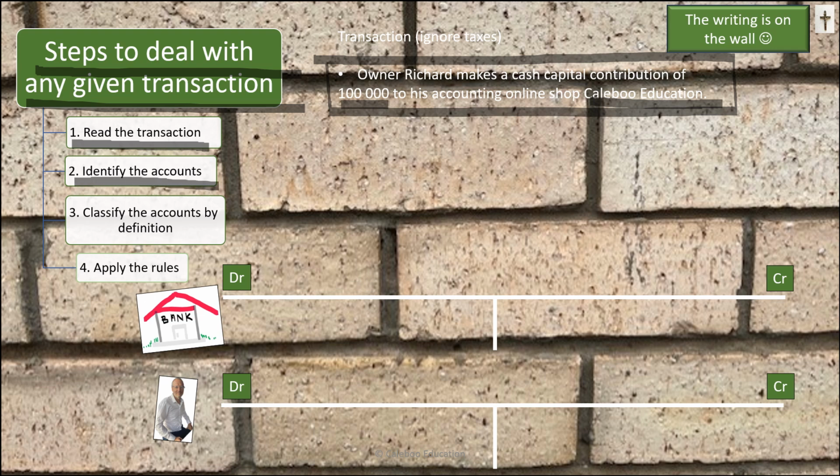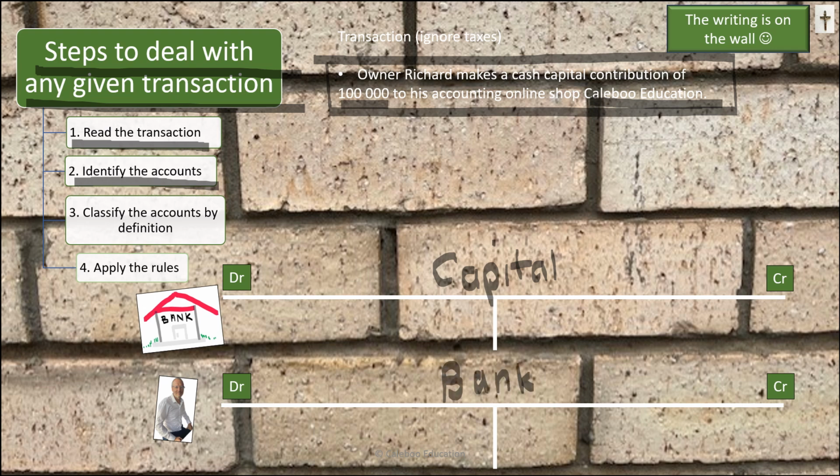Now, if I look at this transaction, I know from experience the one account will be capital, and the other account, seeing that it's a cash contribution, we're going to put it into the business bank account.